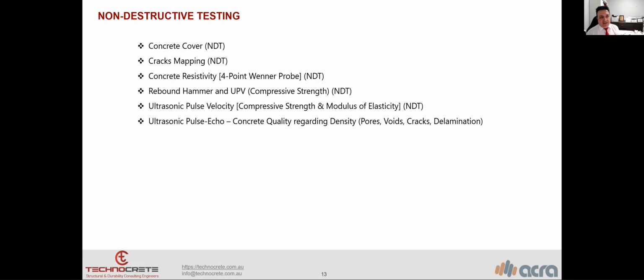Then if we need, we do the ultrasonic pulse echo test, with which we can assess the concrete quality in terms of density. We can see the pores in the concrete, voids, cracks, and delamination. Even with the UPE, we can understand what the problem has been, whether there were errors in the mix design or in the construction practices. When we scan the concrete, we can see the voids.